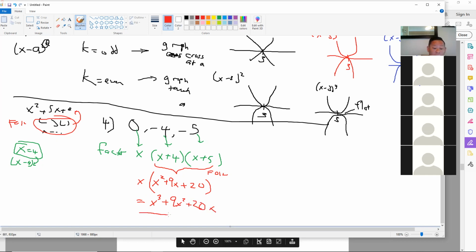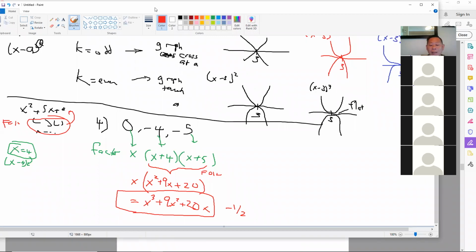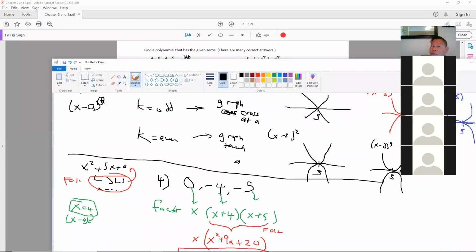But if you give me this answer in your test, I will take half a point off. This is all correct, but I still take half a point off. Does anyone here know why? You can divide it by x. Nope, don't divide by x. The reason you get half a point off is because this question wants us to write a polynomial.